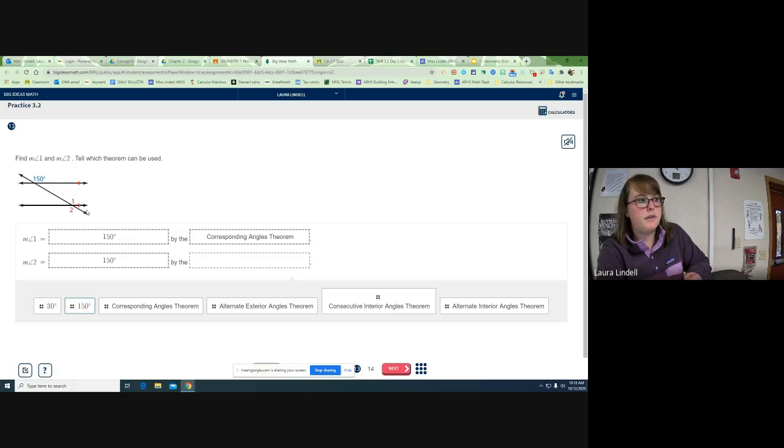Well, they're on opposite sides of this transversal here. 2's over here and 150's over here on the other side. And they're also exterior angles, so alternate exteriors here for angle 2 and 150. So I would grab alternate exterior and stick that there.